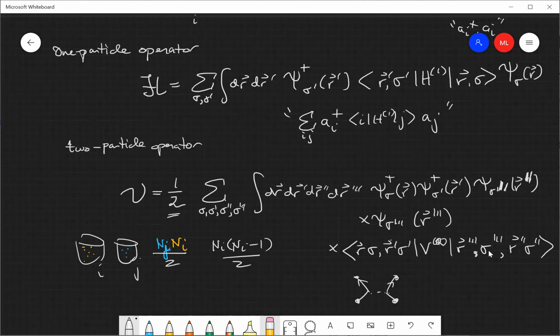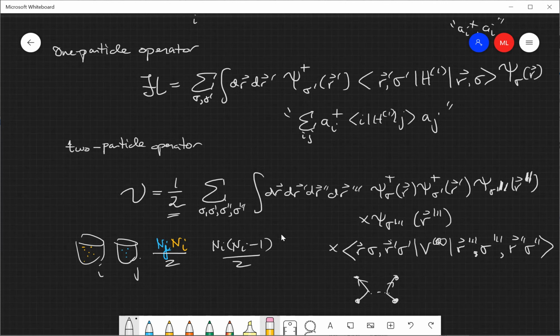Well, what will happen is, how do you use this kind of thing? So what would you do? Well, you would typically have some piece of the Hamiltonian for your system that's not interacting. It's just a bunch of single particle operators that describe, say, the kinetic energy and the potential energy of your particles.